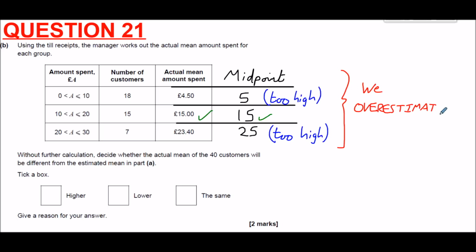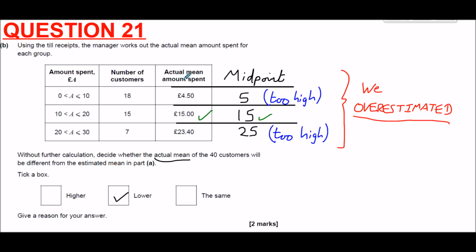The actual means overall were lower than our midpoints. So it says, without further calculation, decide whether the actual mean of the 40 customers will be different from the estimated mean. It will be different. The actual mean will be lower.